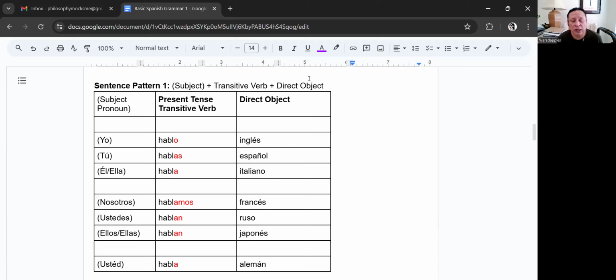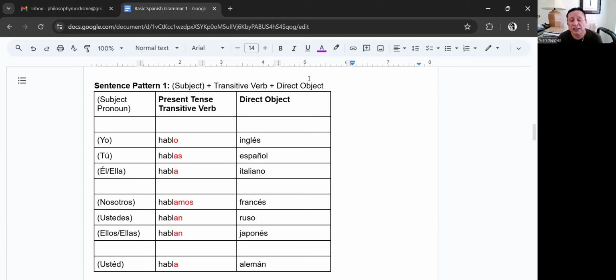Okay, yo hablo inglés. I speak English. Inglés is obviously English. Notice that accent mark over the E. The accent mark over the E is telling you that this is the stressed syllable. In Spanish, the stress belongs on the second to last syllable, the penultimate.